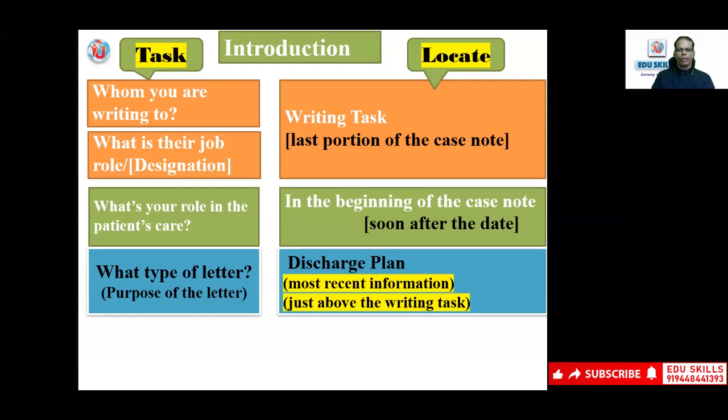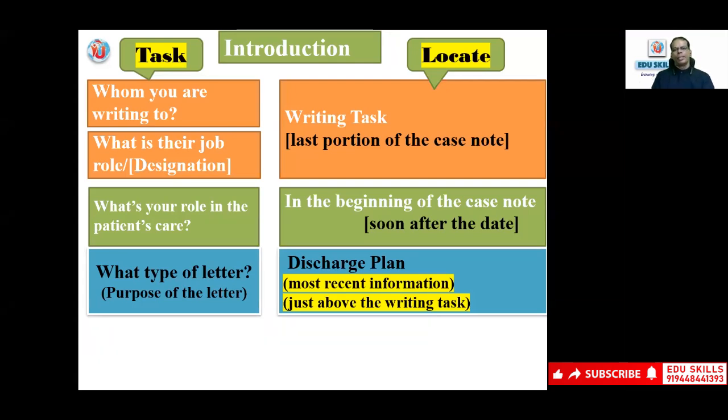I hope this is very clear to you. If there is some beginner, I am just giving you the steps. As soon as you start your purpose, you go to the last portion of the case notes, that is the writing task. Then you get back to the beginning lines of the case notes, soon after the date. Then again you get back to just above the task, where you find the discharge plan or the most recent information.